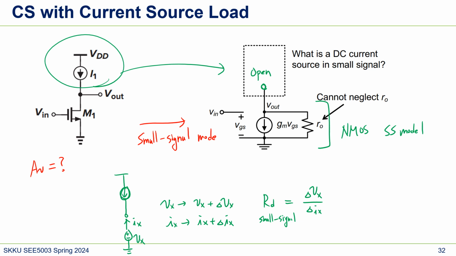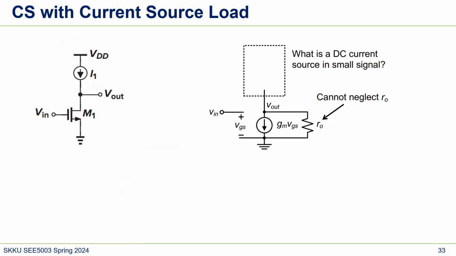So it means that ΔIx is always 0. So Rd is actually, we assume this is infinity. Okay, our small signal Rd is infinity. That's why we replace the current source with an open node.